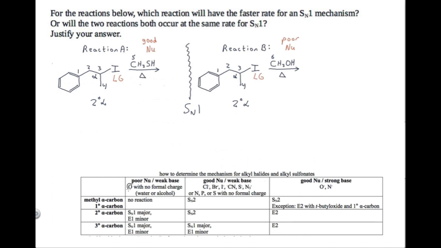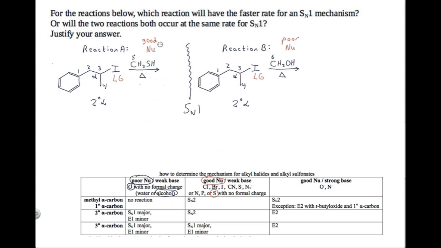You should have memorized that the neutral oxygen in an alcohol is a poor nucleophile, and that neutral sulfur is a good nucleophile. So from memorizing the table, we know that this is a good nucleophile and this is a poor nucleophile. Notice that there are some neutral atoms that are good nucleophiles. Most good nucleophiles have negative formal charges, but there are a few neutral atoms that can also be good nucleophiles.